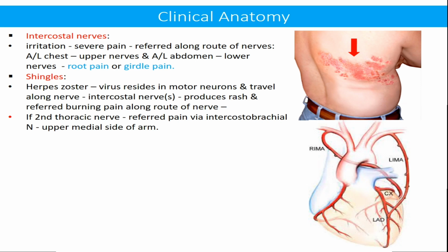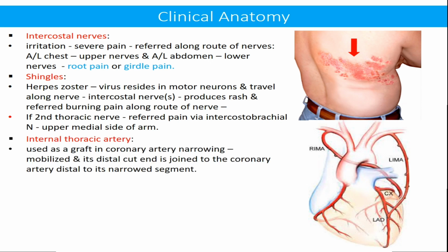In case of the second thoracic nerve, referred pain is mediated through the intercostobrachial nerve, so it is felt along the upper medial aspect of the arm and in the base of the axilla.